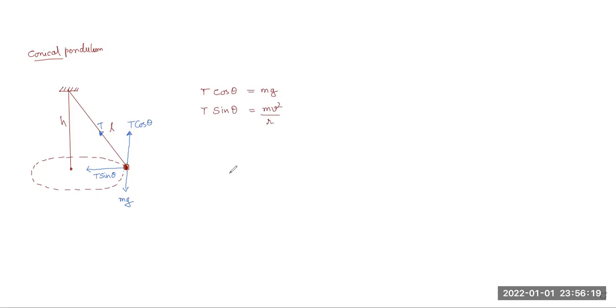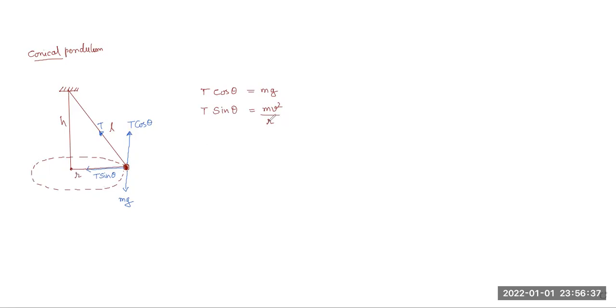What is m? The mass of the pendulum. v is the velocity with which it is moving, and r is the radius of this imaginary circle, the bottom of the cone.